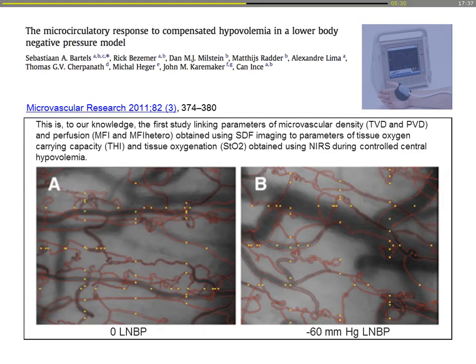And in clinical problems, like in hypovolemia, these parameters follow the physiology that's going on in your patients. Something that Sebastian Bartels, PhD student from our department, showed when we did a simulation of hypovolemia, put a volunteer in a lower body negative pressure chamber, thereby limiting venous return and so decreasing stroke volume.